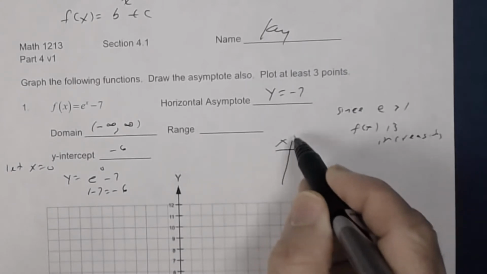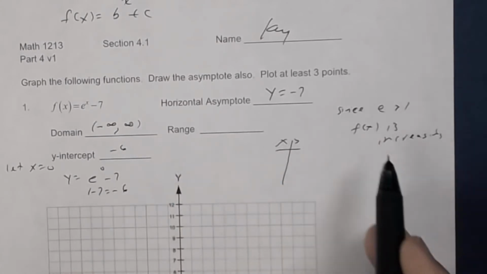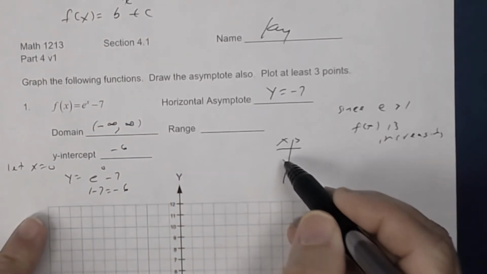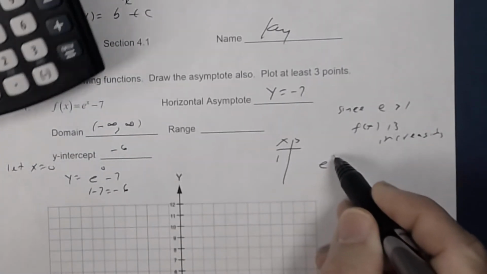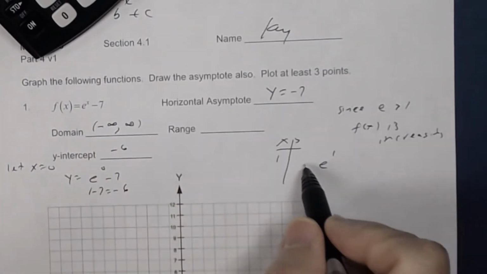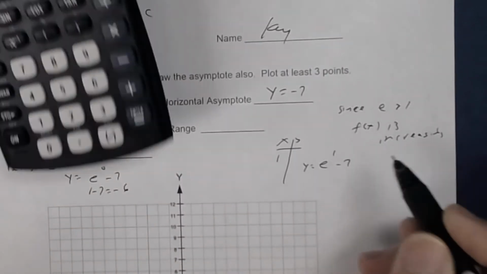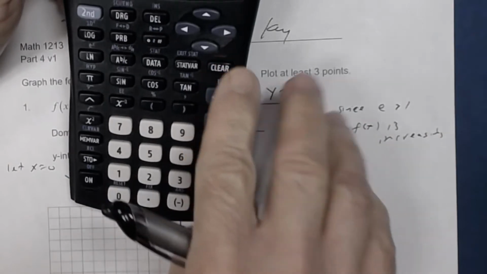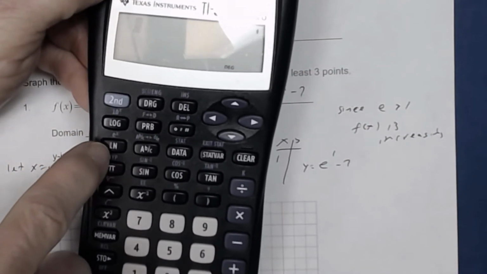All right, so let's plot a couple more points. Remember, you need at least 3. So you already have 1, the y-intercept, you need 2 more. So if x is, let's say, 1, let's use the calculator. I'm going to get y equals e to the first minus 7. Your exponential function is right above the ln function.